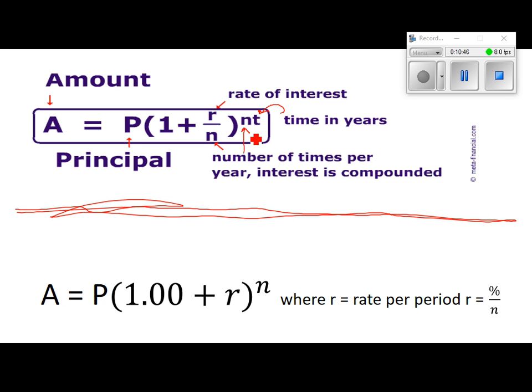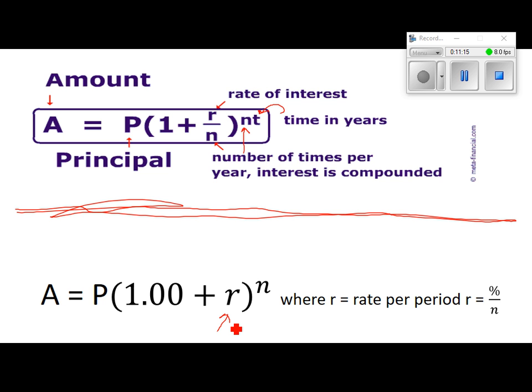Notice the only difference in the top formula and this bottom formula is the R. They let R stand for the rate per period. And I'd rather R just stand for the rate of interest, and then you divide that by N in the formula. And the book switches it around. One time they'll write R is percent divided by the number of times per year.